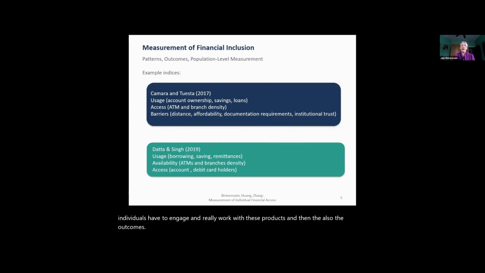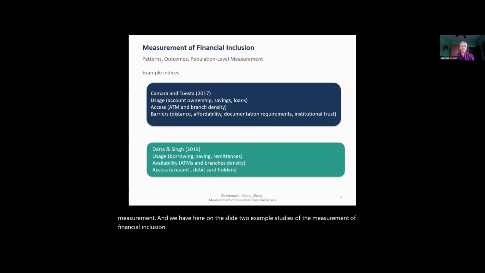There are several concepts that are similar and overlap some, but that are distinct from financial access. And the one that comes up quite a bit is the concept of financial inclusion. Financial inclusion is really a concept that's looking at population level measurement. We have here on the slide 2 example studies of the measurement of financial inclusion.